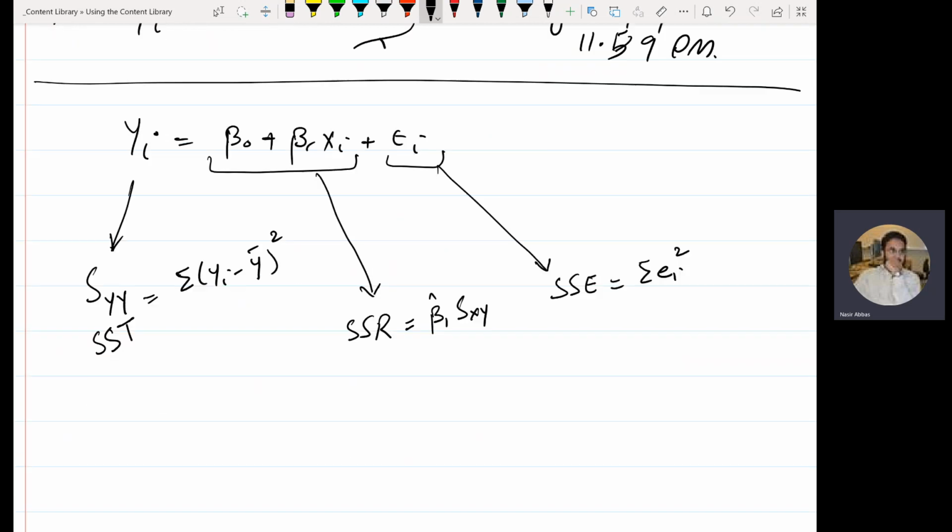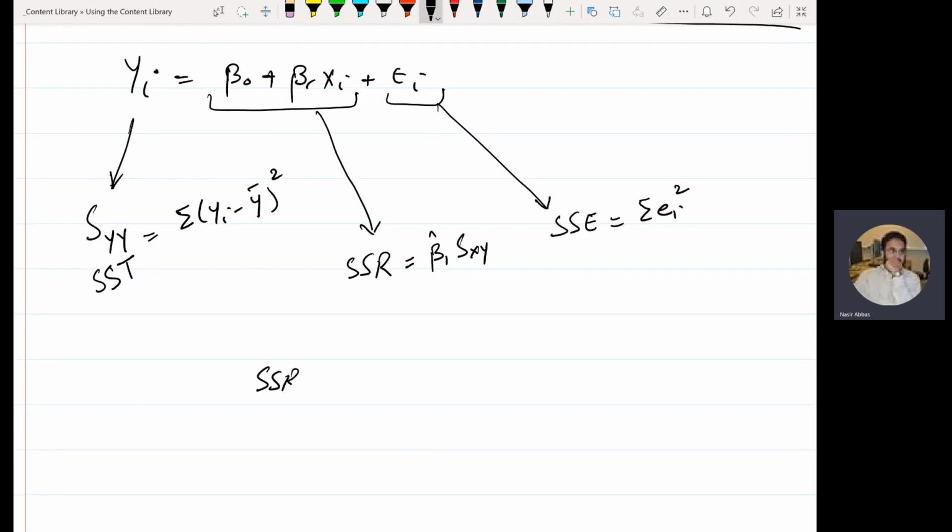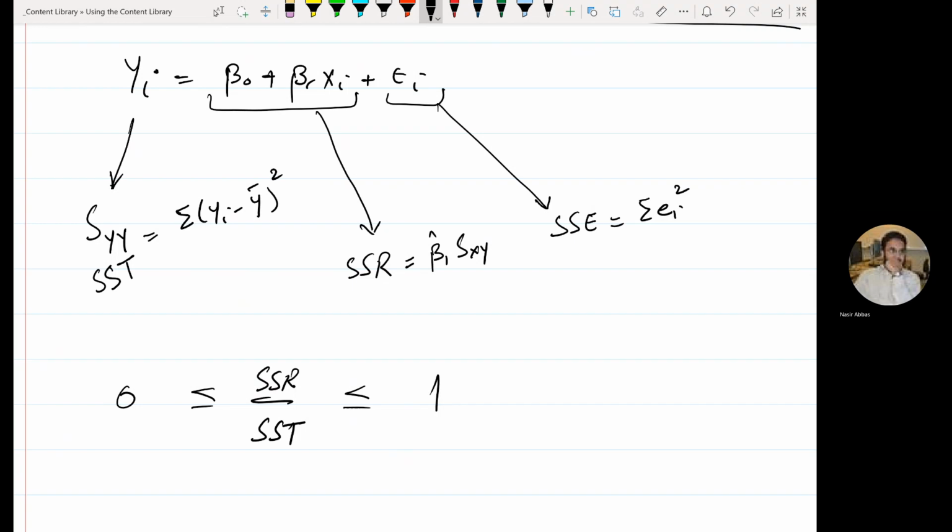So you want this thing to be maximized. You want to see this SSR relative to SST. What is the domain or the possible values of this thing? Between 0 and 1. Let's talk about the two extremes. When it will be 0. When SSR is 0 and that second component is dominating, in that case, the regression will be good or bad?